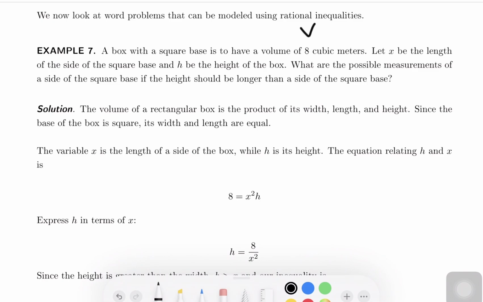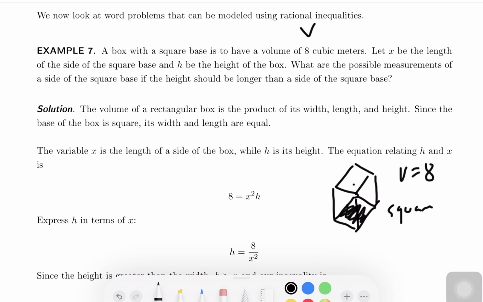A box with a square base, meaning if this is the base, this is the square. Only the base at the bottom is a square, but the height can be longer than the length and width of the base, right? Because only the base is the square. So the volume is 8 cubic meters.